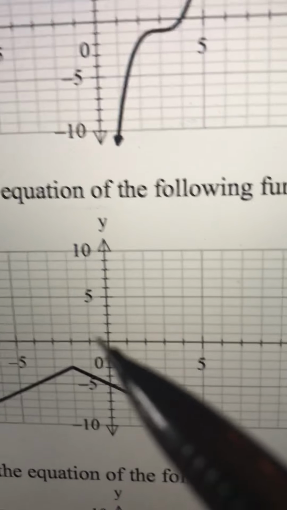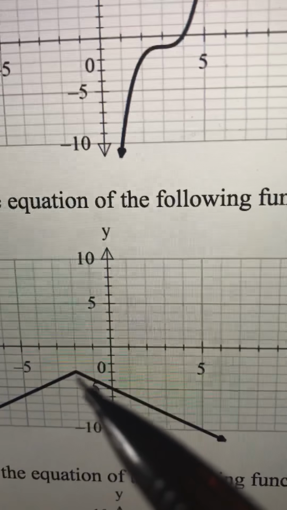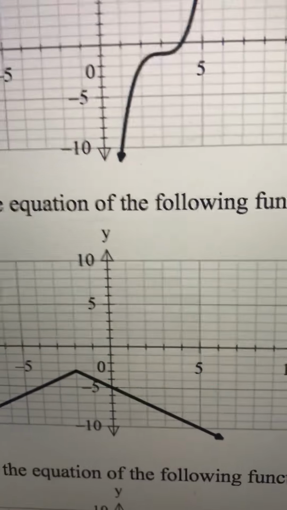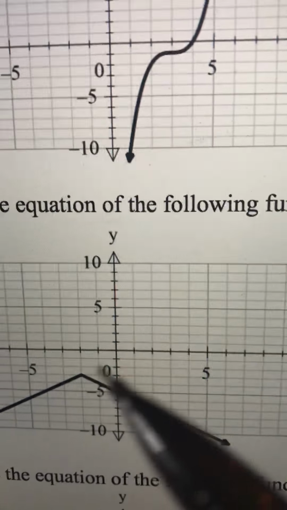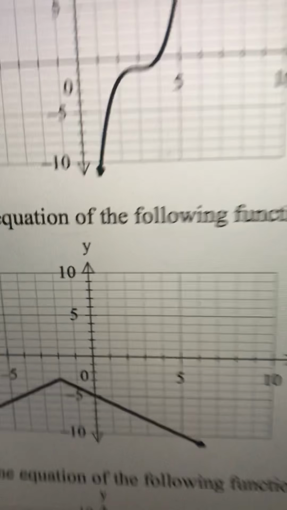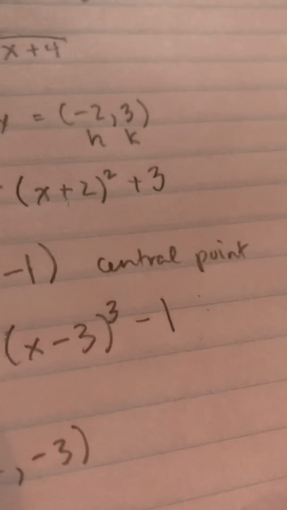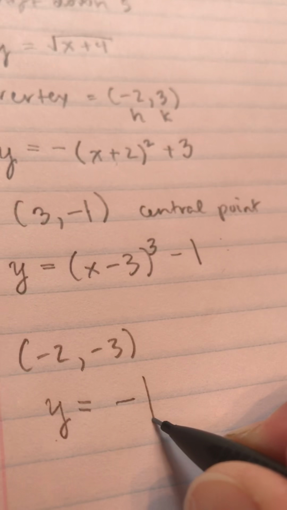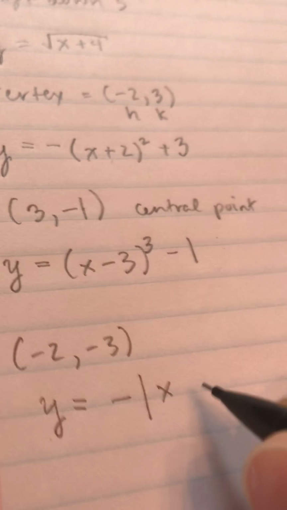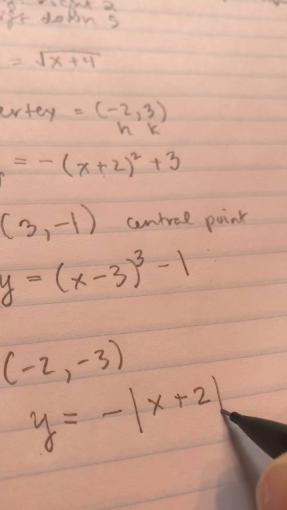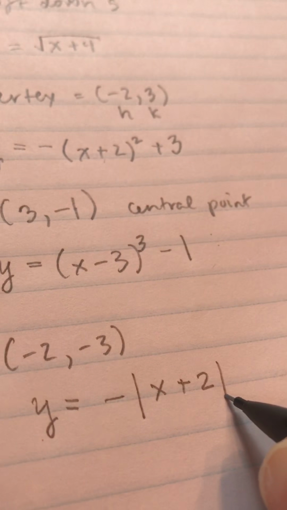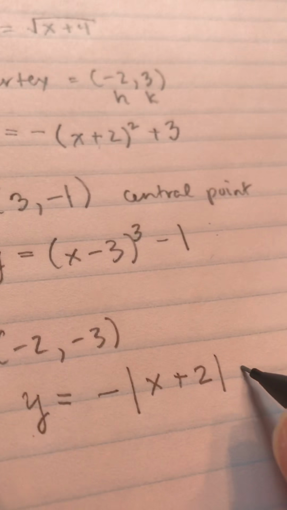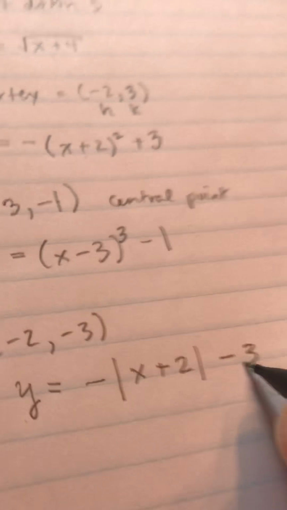So the slopes of the sides are +1 and -1, so there's no stretch. So it's just upside down. So we just have a negative in front of our absolute value. And then inside the absolute value, we've got x plus 2, again, the opposite of the horizontal shift, and then -3 for the vertical shift.